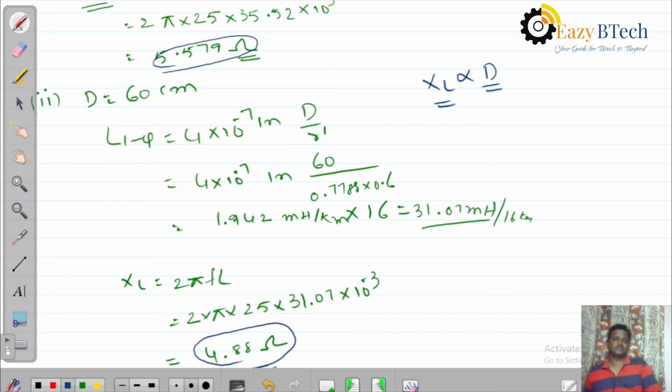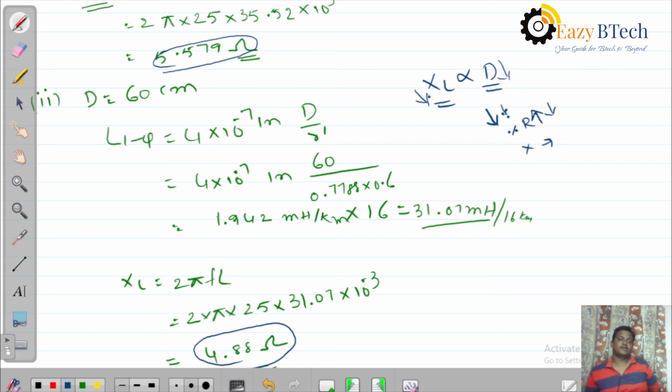If D increases, the XL value increases, then the voltage drop is more, your percentage regulation is more, then it is not an effective system. If distance is less, the XL value is less, then the drop is less, then regulation is less, then it is a very good transmission system.